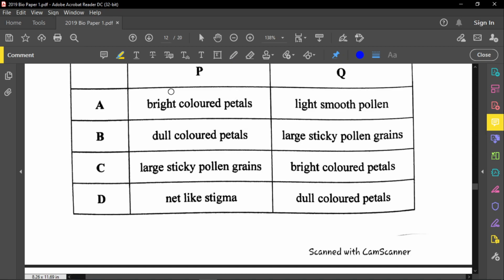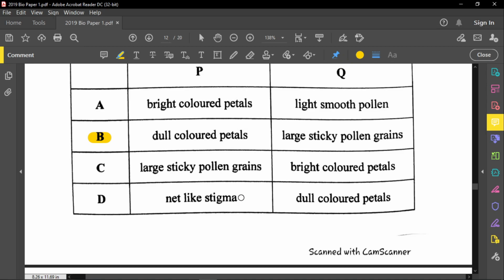For option B, it said that P is dull, which is the wind pollinated flower, and Q has large sticky pollen, which is the correct answer here, because yes, dull, because if you're wind pollinated, you don't need to be brightly colored, and the pollen must be sticky if it's going to be insect pollinated. Okay, so large and sticky could not work for P, and of course net-like stigma could not work here.